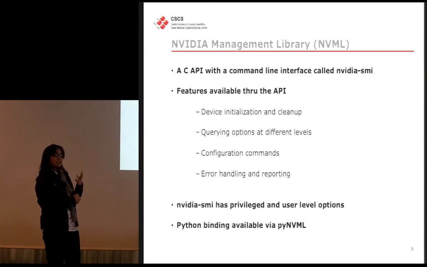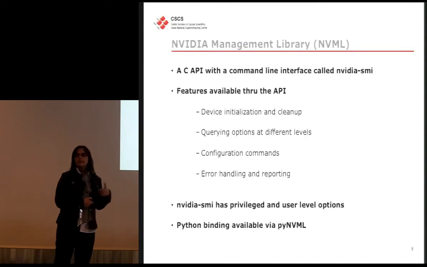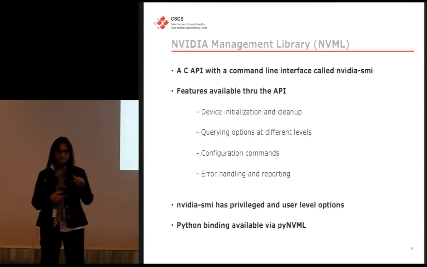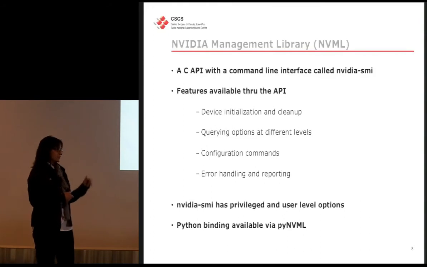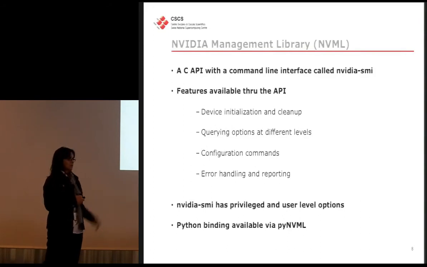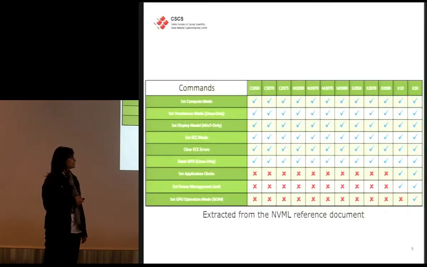Then configuration commands, of course, need privileged options. Then error handling and reporting, and there is a mix of APIs and constructs there. There is a Python binding available via PyNVML, so if you search for it, you can see that's a very easy way to use it once you install NVML on the system.